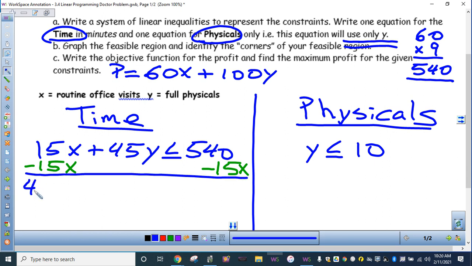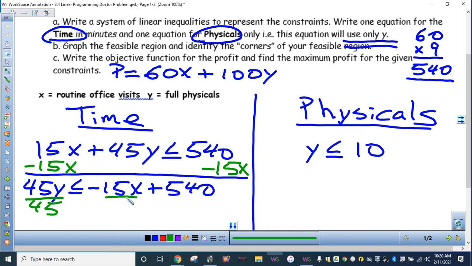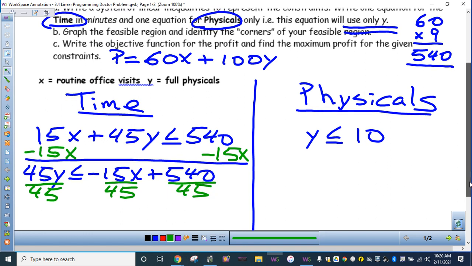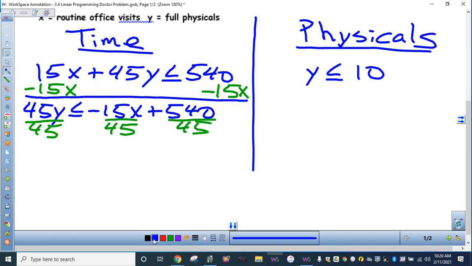So on the left here, we get 45y less than or equal to negative 15x plus 540. Then we'll divide all three parts by 45. So we get y is less than or equal to negative 1/3 x.